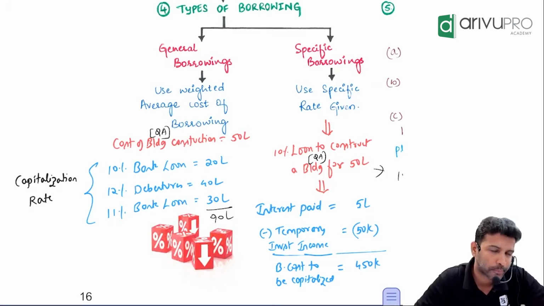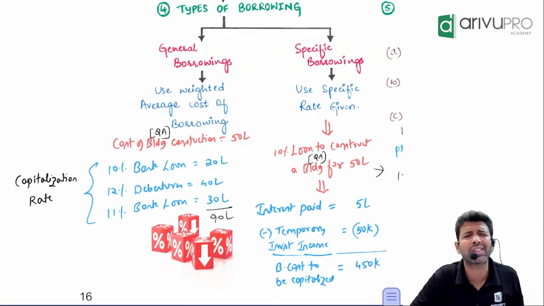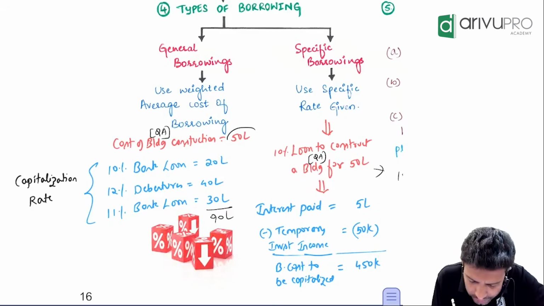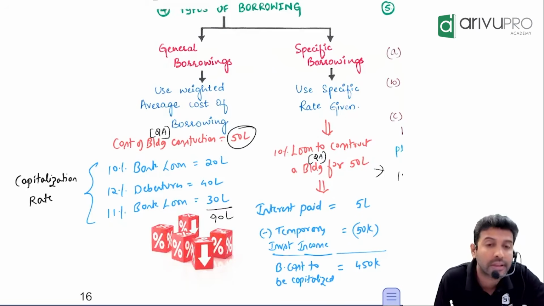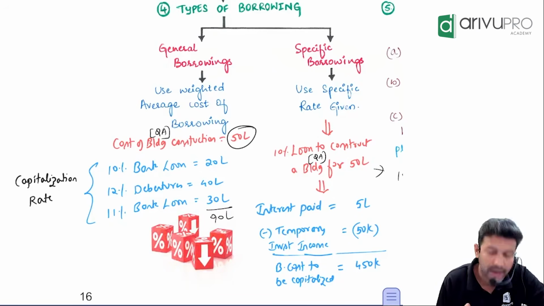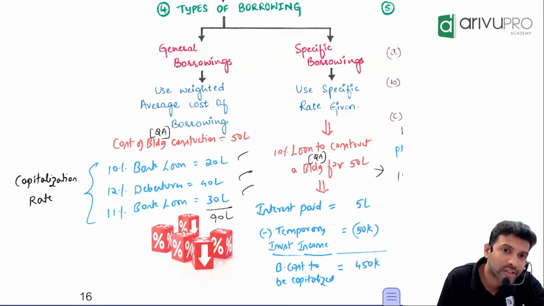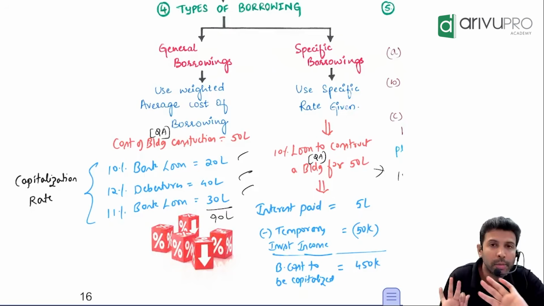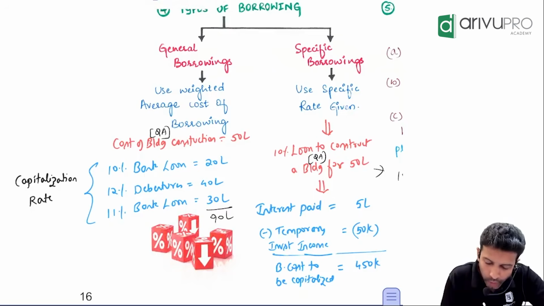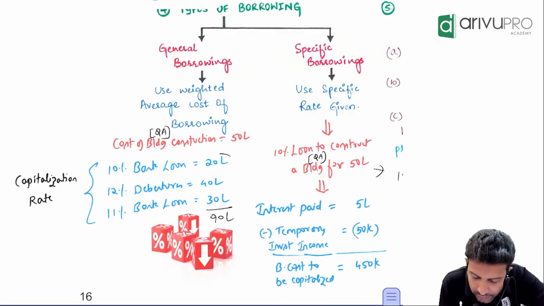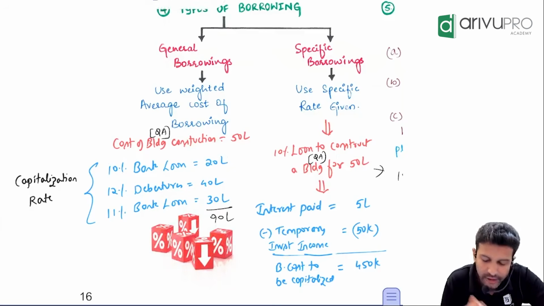Here one issue will arise. This 50 lakh of building construction funds, which loan did it come from? Are you able to identify? It could have come from this, or this, or this, or maybe all 3, or maybe 2 out of 3. So are you able to identify the source? No. Why is this important? Does every loan carry the same interest rate or a different rate?